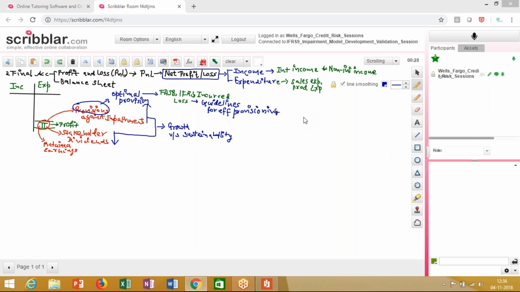Ultimately, the objective of Basel is not to show you how you provision; its objective is to show what percentage of capital you set aside. Over here, I am setting aside a certain percentage of my profit against the expected losses. So provisions essentially take care of expected losses. They do not take care of the unexpected loss, which Basel does. Basel talks about identifying an optimal capital: the capital adequacy ratio, how adequately you are capitalized.